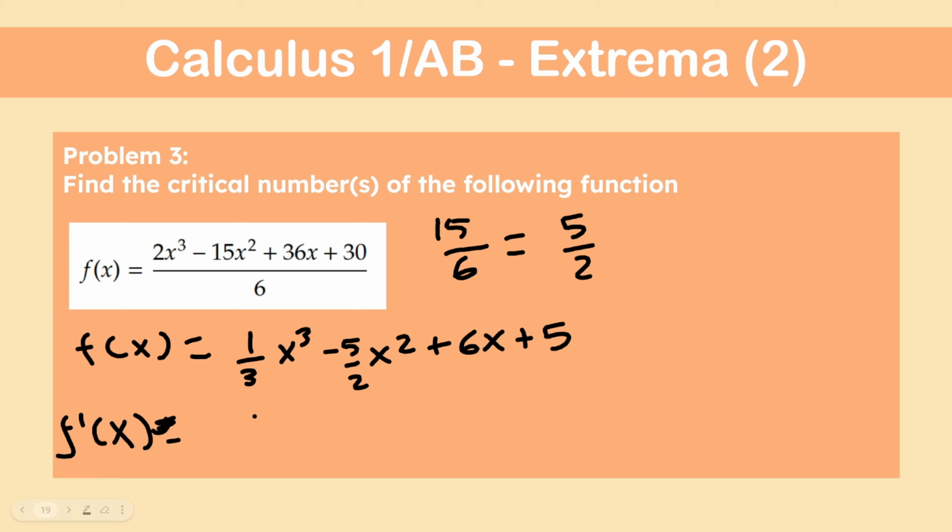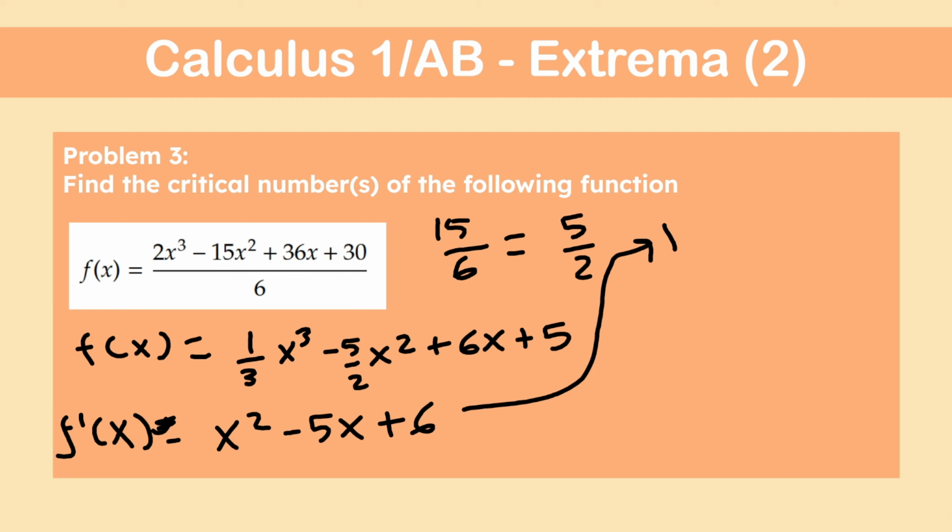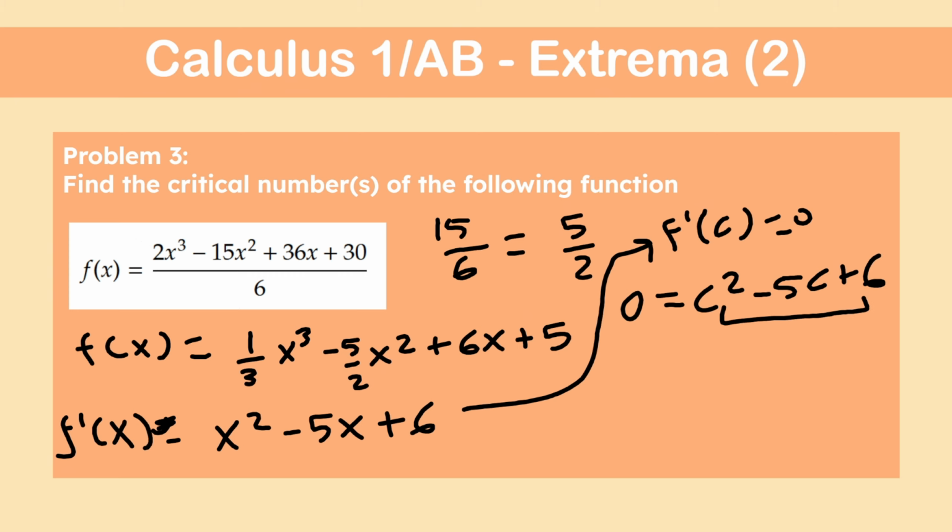So we have the derivative is equal to x squared minus 5x plus 6. But now we have to find when f prime of c is equal to 0. So we can say that 0 is equal to c squared minus 5c plus 6. What we can do here is factor. These two multiply to 6.